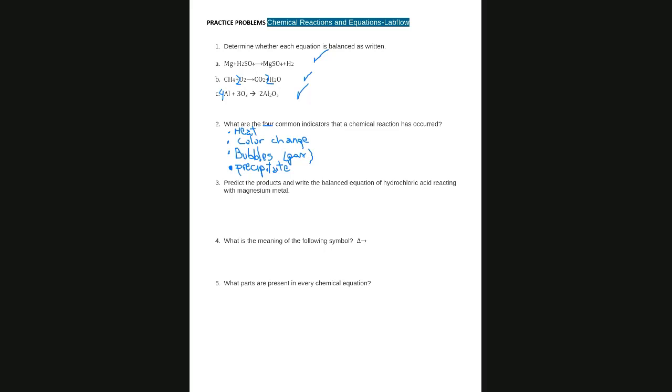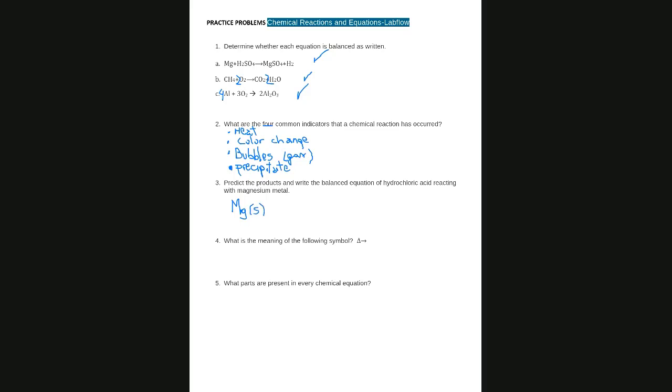Predict the products and write the balanced equation of hydrochloric acid reacting with magnesium metal. So I need somebody to tell me what to write. Magnesium metal is easy, right? It's an element and it says metal. So in parentheses, I want to write the state.